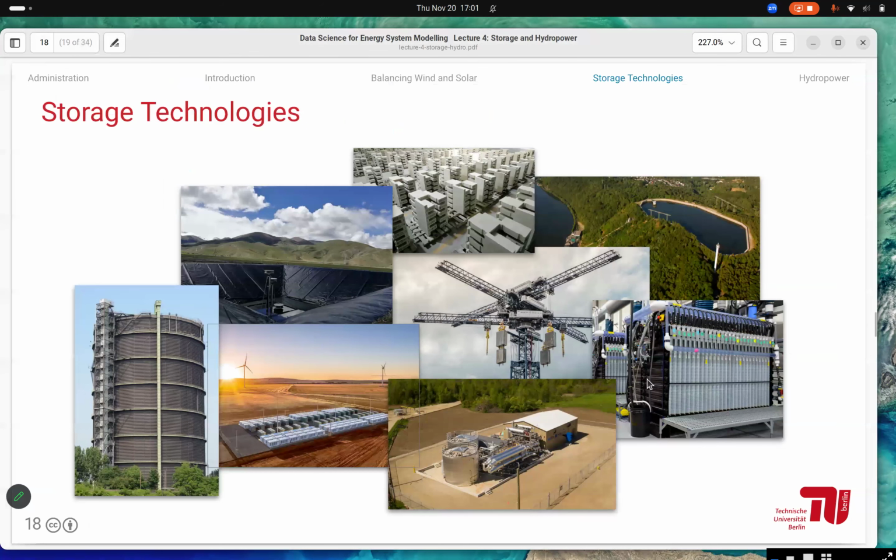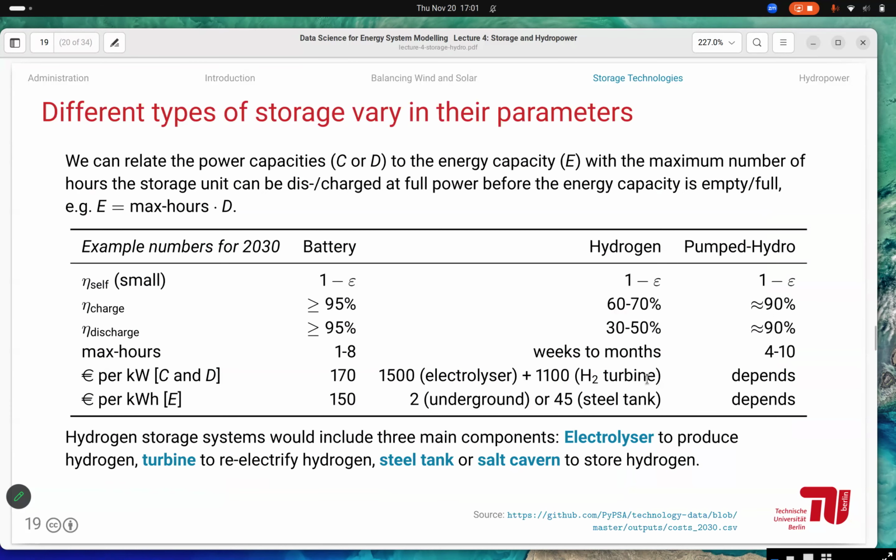Okay, but the goal is not really to go through each of these different storage technologies. Maybe at some point in the group work later on, you have the option to work through a couple of them. But I just want to make the point that different types of balancing needs, different types of residual load curves, different profiles, different renewable mixes of wind and solar, might need different types of storage.